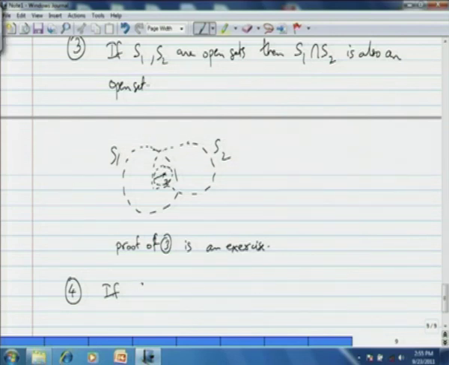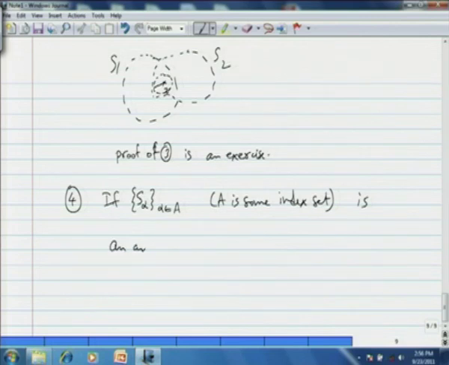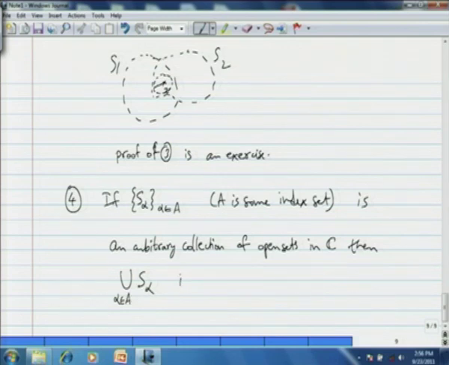So, if S alpha, such that alpha belongs to some index set A, is an arbitrary collection of open sets in the complex plane, then the union of these S alphas, alpha belonging to A, is an open set.